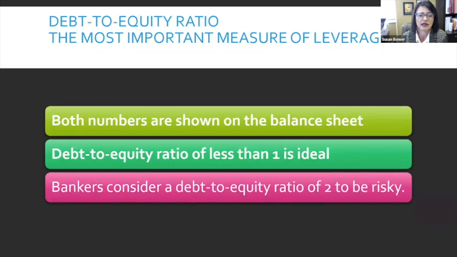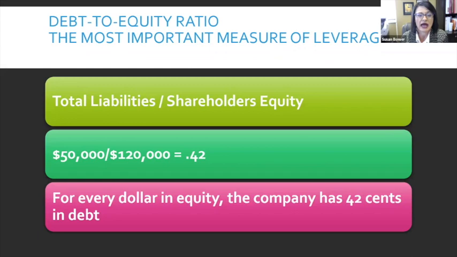Again, both numbers are shown on the balance sheet. A debt to equity ratio of less than 1 is ideal because bankers consider a debt to equity ratio of 2 or more to be risky. With those reminders, what can we say about a debt to equity ratio of 0.42?